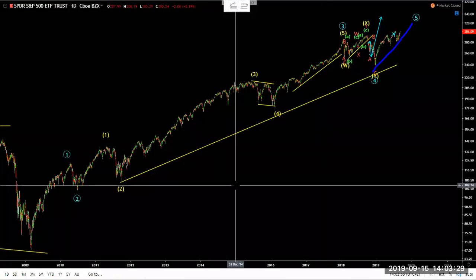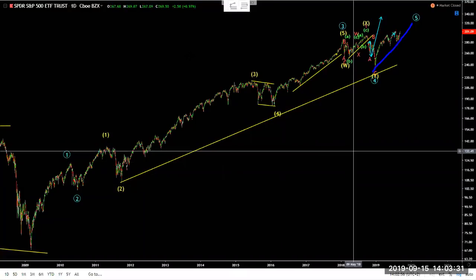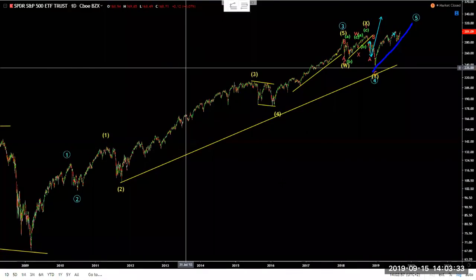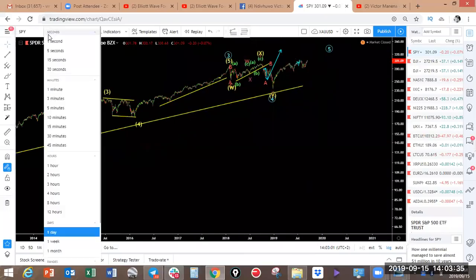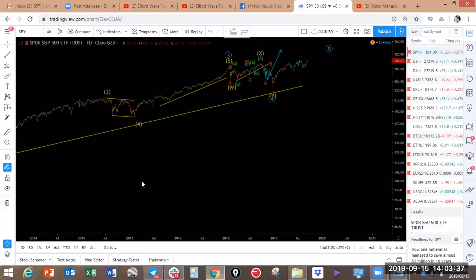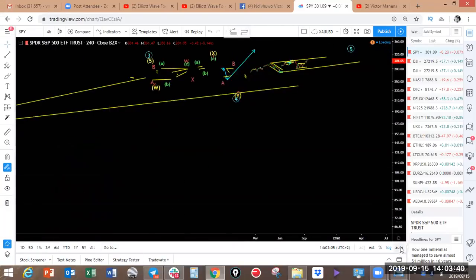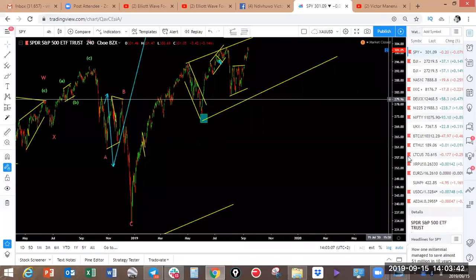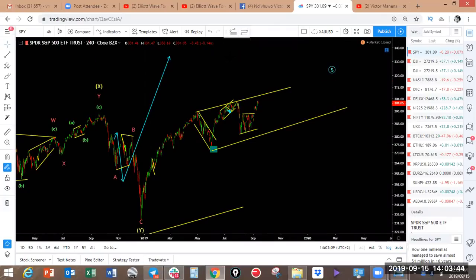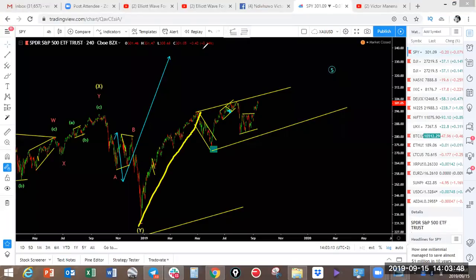Let's go to the 4-hour. Let's show how it can be an impulse as well. If this is going to be an impulse, then that means we've got a wave 2 here already built in this structure. So this can be a wave 1, and then you've got a wave 2 running flat like this.